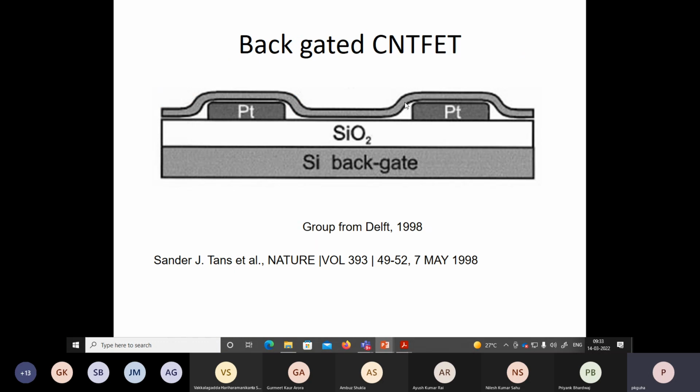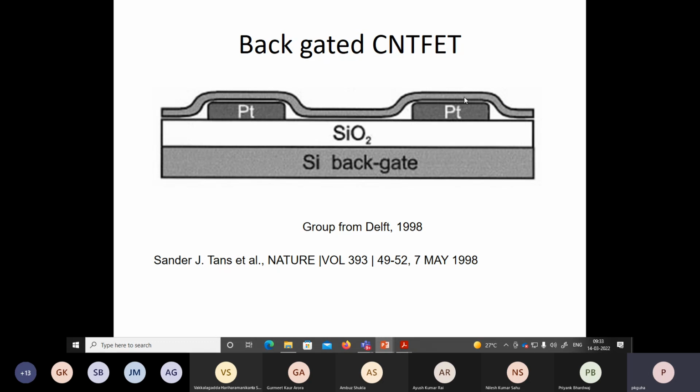From here we'll talk about FET based structure of carbon nanotube. I think I will start this particular part in tomorrow's class. So we will talk about back gated CNT FET, that is the gate is from the back side, and carbon nanotube acts as a channel, okay.